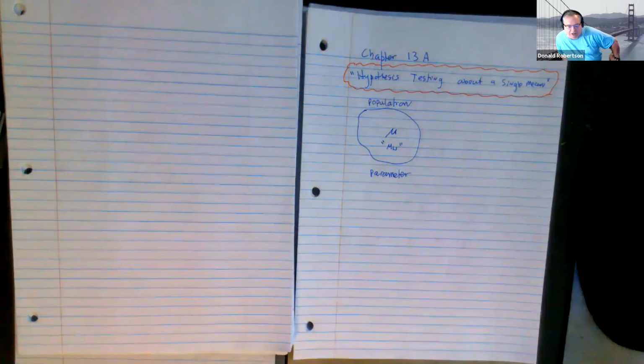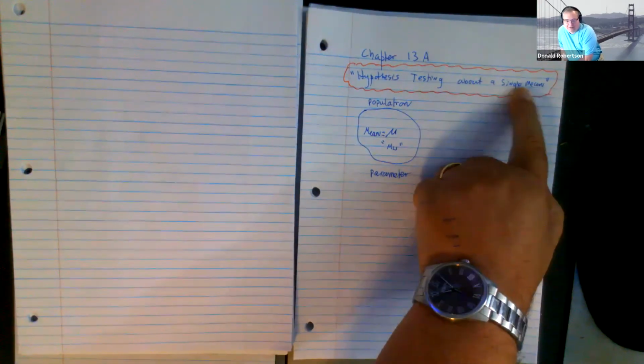What does the Greek letter mu represent for a population? If I said the population mu equals 20, what am I telling you about the population? It's its mean, right? Which kind of is obvious when you look there, right?